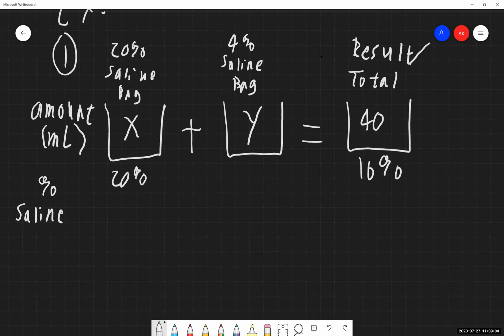What percentage of that is saline? Well, it's 4%. We can list that there as well. So now we have everything written out in a nice visual for ourselves. Now we can start looking at, okay, can I create some equations out of this? We have two unknowns. We have an X and a Y.